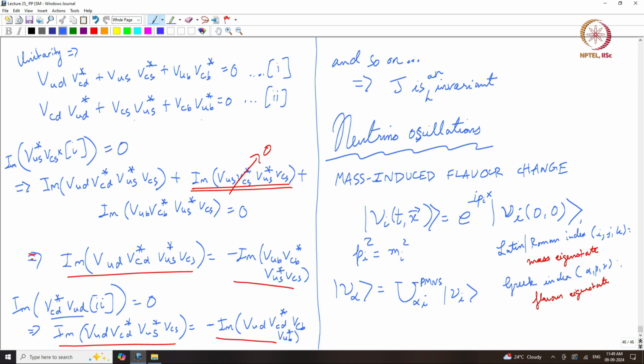So, if I write it this way, this relation should be obvious, using the unitarity again, correct.